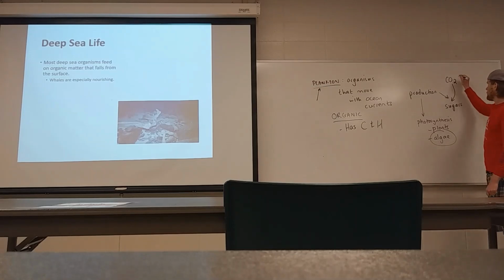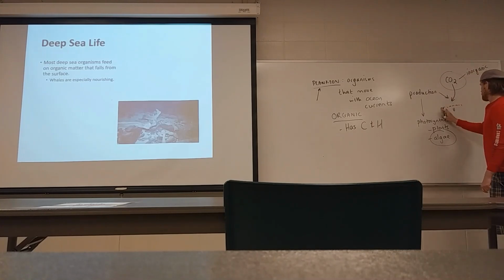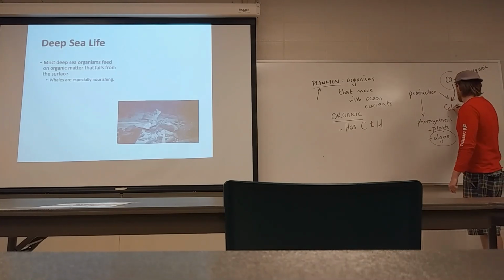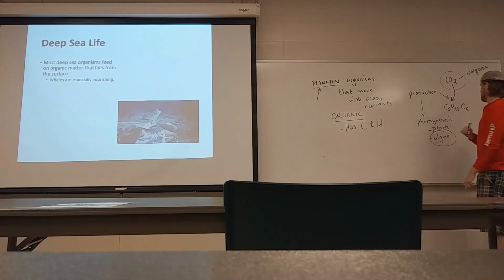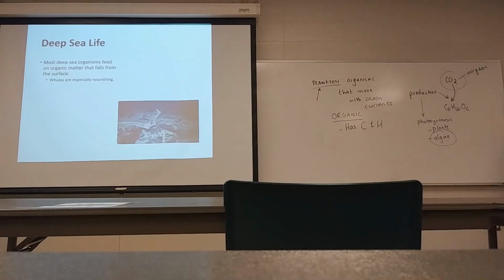So carbon dioxide, the stuff that plants and algae convert into sugars, it is not organic. The sugars themselves typically have a chemical formula something like this. I see a C, I see an H. That looks organic to me.